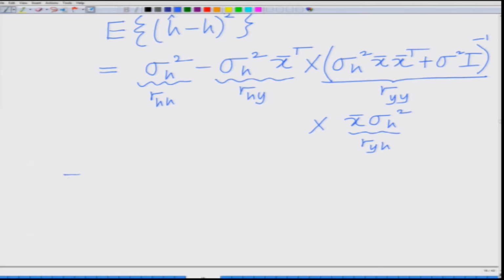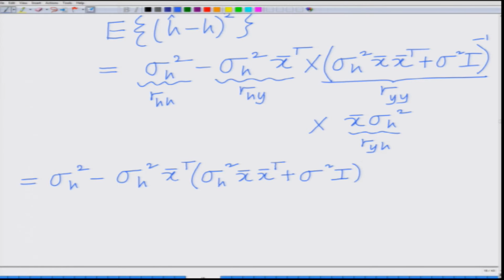So, let me just write it down once again over here clearly, that is basically sigma_H square minus sigma_H square into x bar transpose (sigma_H square x bar x bar transpose plus sigma square identity) inverse times x bar into sigma_H square.